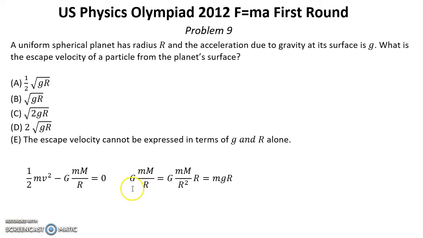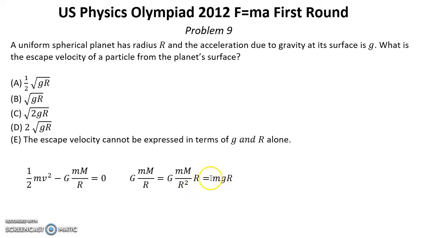We can replace this expression for potential energy by this formula, where G multiplied by the mass of the planet and divided by r squared is the acceleration due to gravity on the surface of this planet.